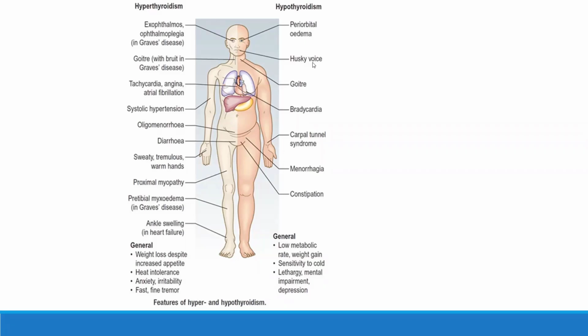Husky voice, or goiter may be present in the hypothyroid condition, bradycardia here, tachycardia, menorrhagia here, oligomenorrhea in the hyperthyroidism, constipation or irregular stool, but in the case of hyperthyroidism, increased frequency of stool, not a diarrhea. Actually, not a diarrhea. It is increased frequency of stool.